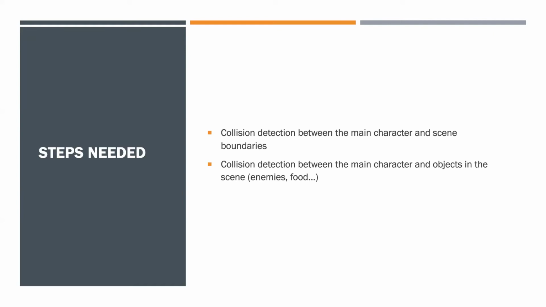Besides, we need to check collision detection between the bear and the fruits that are going to fall from the sky. So let's start with the collision detection with scene boundaries, which is easier, and then we add some fruits to our scene and add the collision detection between the bear, the main character, and these fruits.